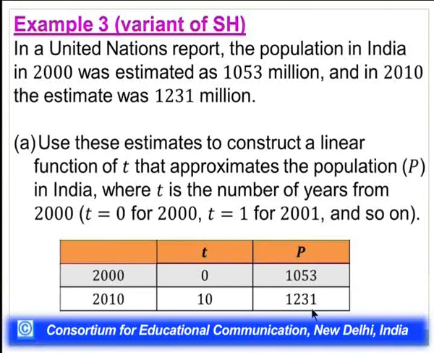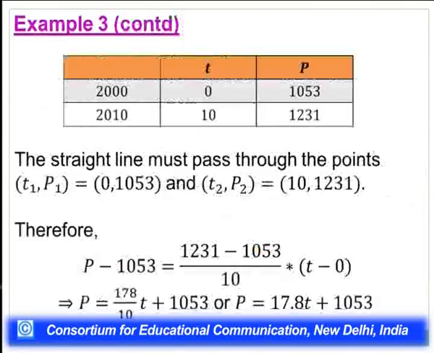Because I have 2 points, if you remember from school, you can just join 2 points with a straight line. Because I have information on 2 points, I can use my point formula for the straight line. So my points are T1, P1 equal to 0, 1053, and T2, P2 equal to 10, 1231.